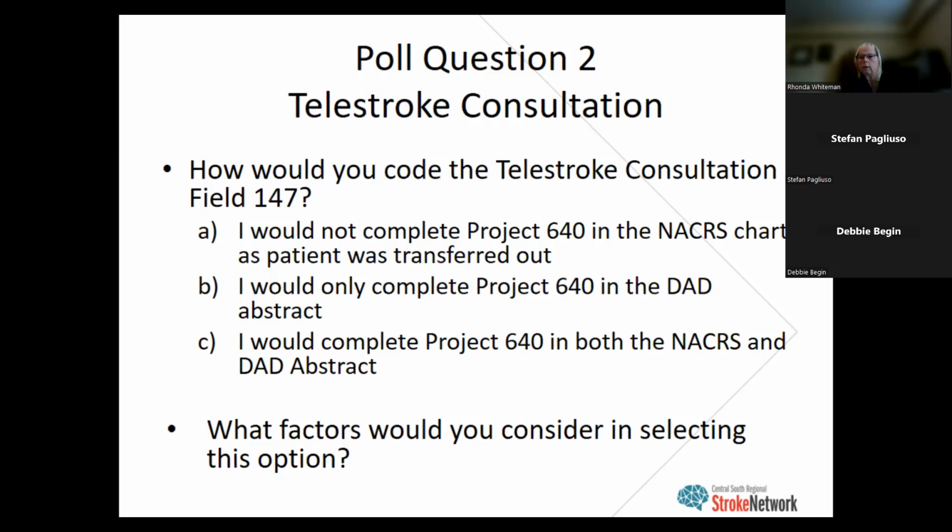So again, we have 77% would complete 640 in both NACRS and DAD. 11% would complete it in DAD only. 11% would not complete 640 because the patient was transferred out.